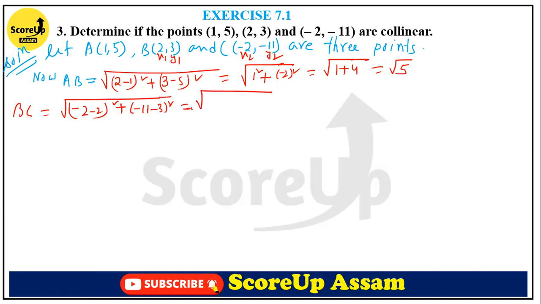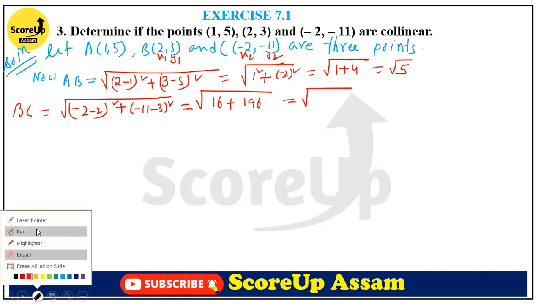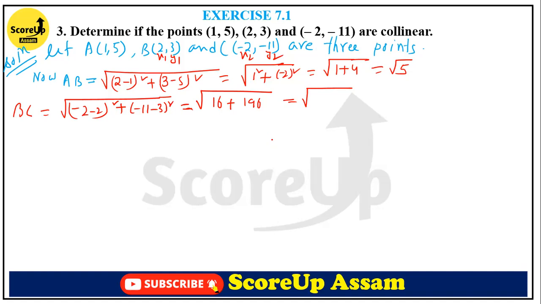So ultimately minus 4 square is 16, plus minus 14 square, that is 196. So it will be ultimately root over 212.